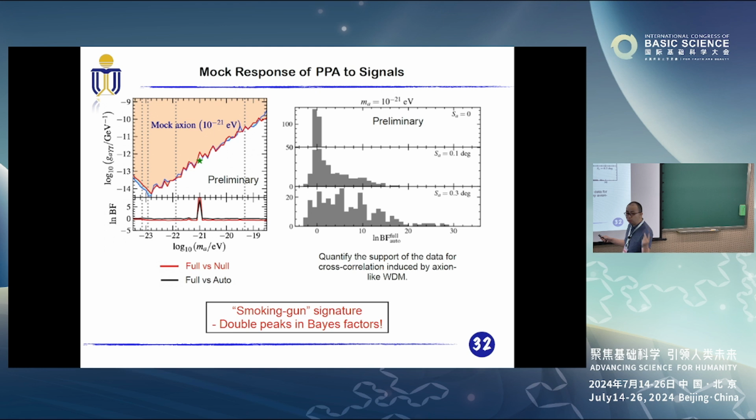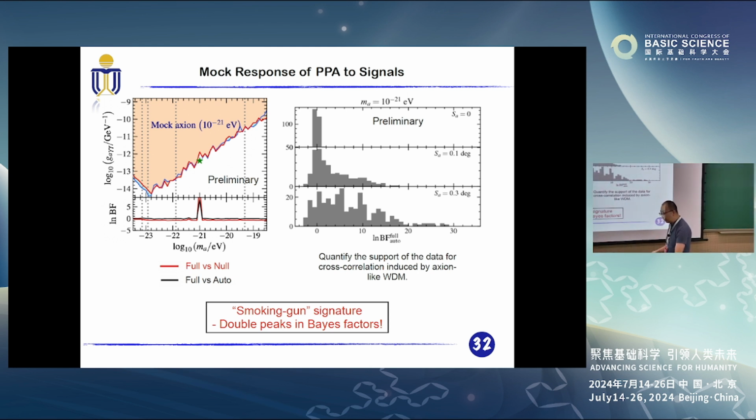Here we consider two Bayes factors. One is the Bayes factor for the full correlation signal scenario against the null signal scenario. We can see there is a clear red peak in this region. This is not strange, since there is some signal.